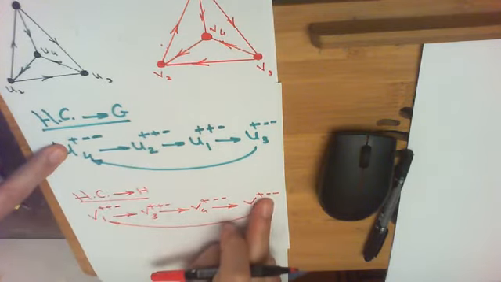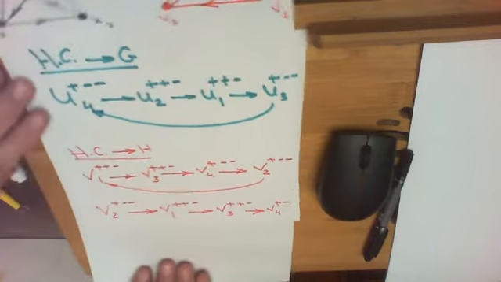So the sequence U4 is equivalent to V2 plus minus minus, followed by V1 plus plus minus, followed by V3 plus plus minus, followed by V4 plus minus minus. Okay?